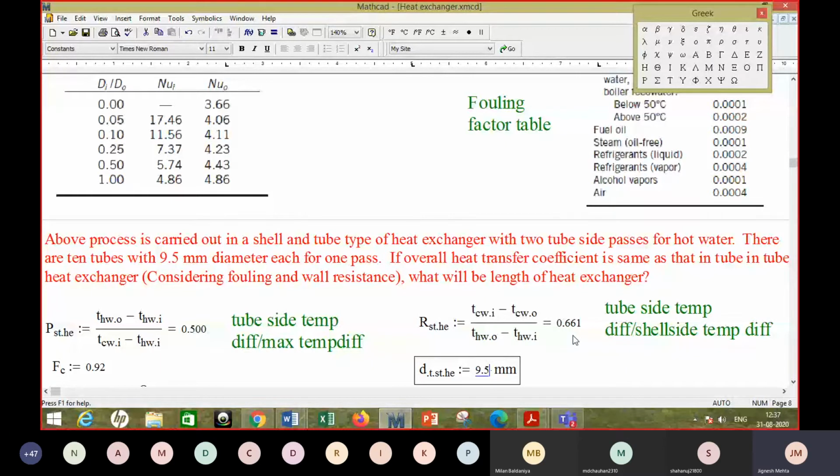The parameters are the same as in the previous example of the tube in tube type of heat exchanger. If you have the value of log mean temperature difference handy, you can just multiply it with 0.92 and tell me what is the log mean temperature difference to be used here.